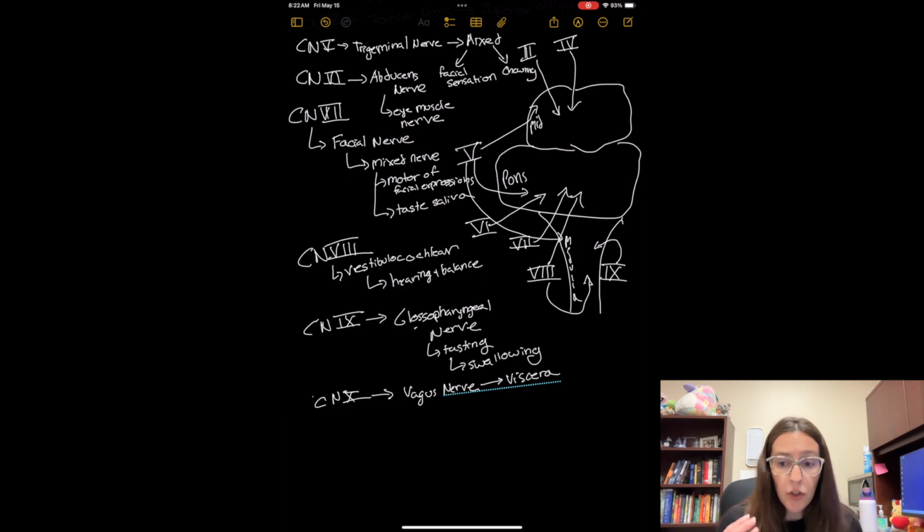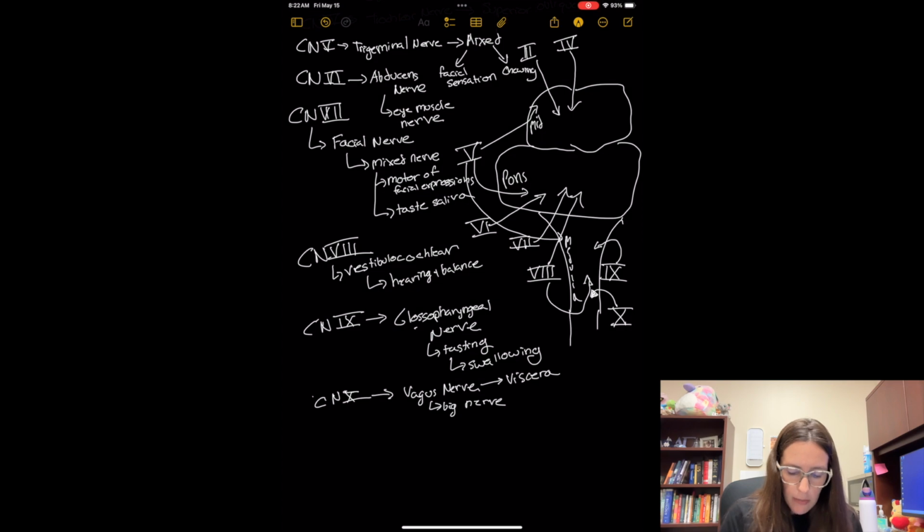And because of just how much stuff it does, it's huge. So it's the big nerve. And think about the different parts of the brainstem and what's keeping you alive: the vagus nerve is definitely going to the medulla, which is that primary keeping-you-alive part of your brainstem.